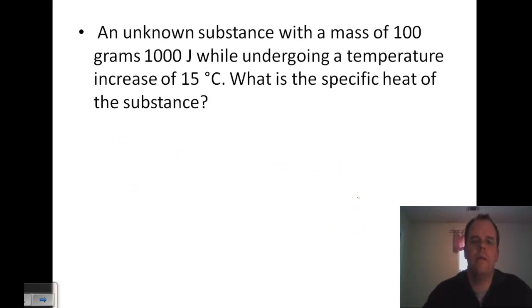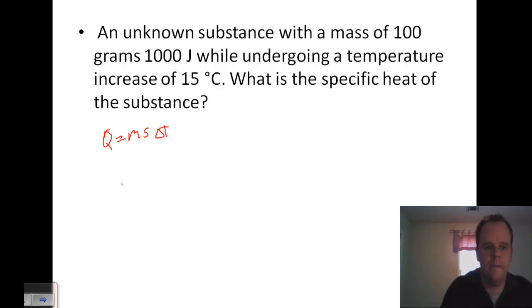Second problem: an unknown substance with a mass of 100 grams absorbs 1,000 joules while undergoing a temperature increase of 15 degrees Celsius. What is the specific heat? So here we're solving for a different variable. Q equals msΔT, 1,000 equals 100 S times 15.